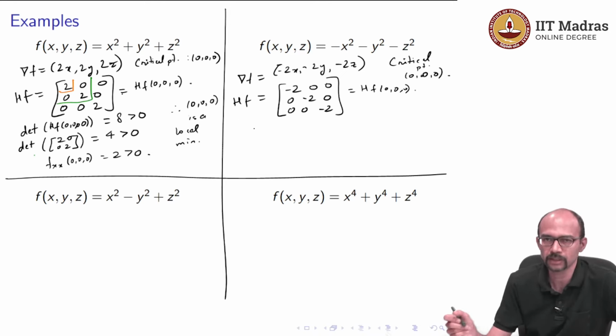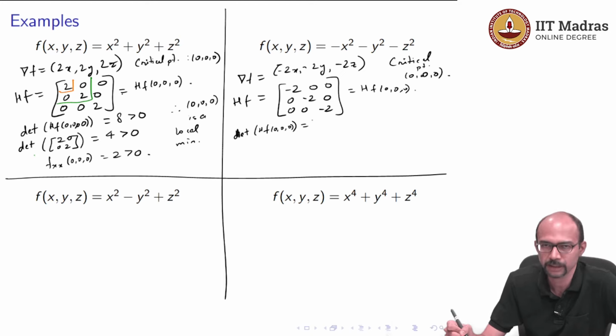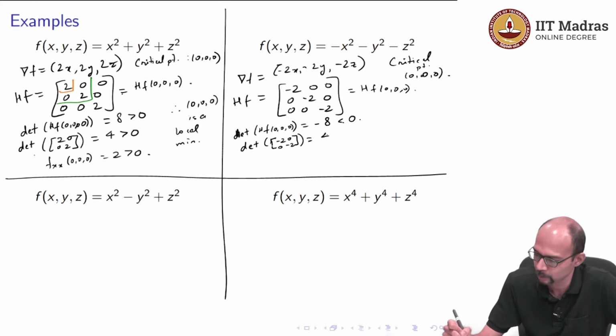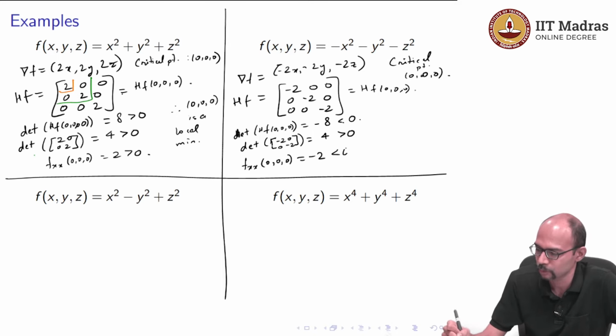Now let us see what the signs are. So, the determinant of the entire matrix is minus 2 times minus 2 times minus 2. It is a diagonal matrix. This is negative. So, we have a minus sign. The determinant of the 2 by 2, that is minus 2 0 0 minus 2, that is minus 2 times minus 2, it is 4, it is positive, and then the 1 1 entry is minus 2, which is negative.